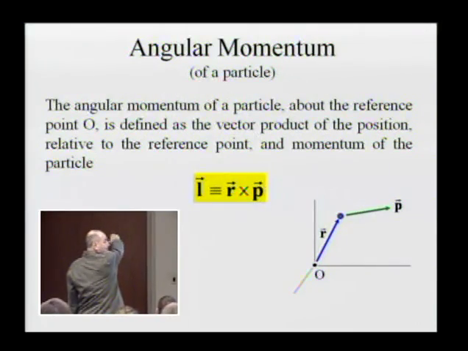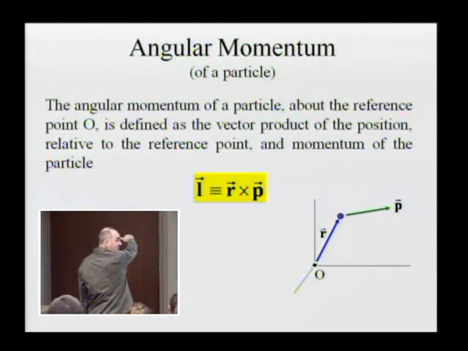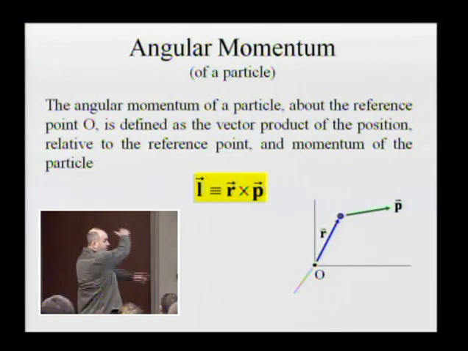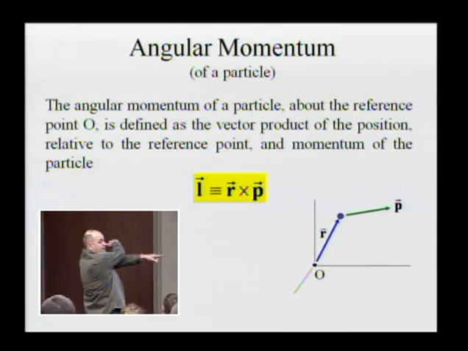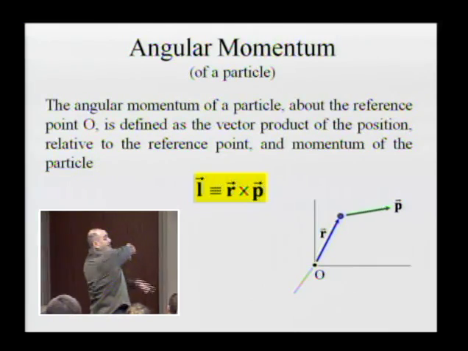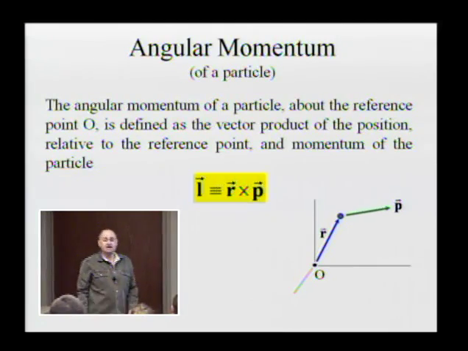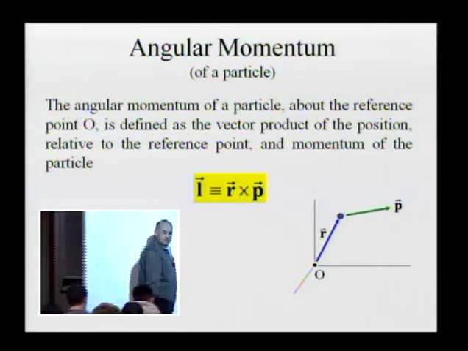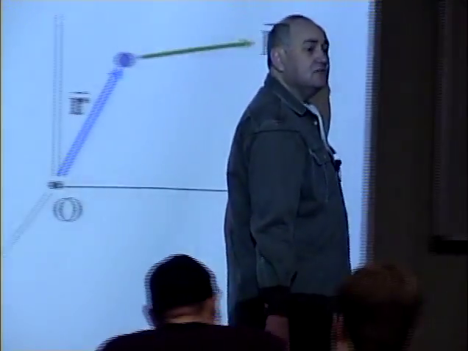Now I have to rotate my hand in such a way that I can bend those fingers in the direction of the second factor. The second factor was my momentum. And then, if I'm able to do it, the thumb shows the direction of angular momentum. So if I walk that way, my angular momentum is down. My angular momentum about each of you.